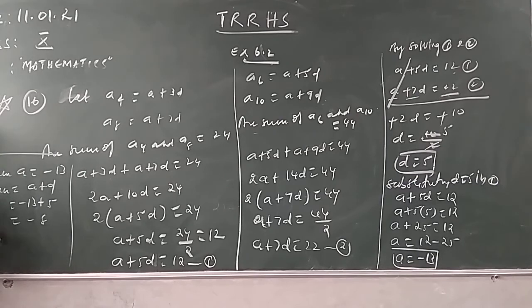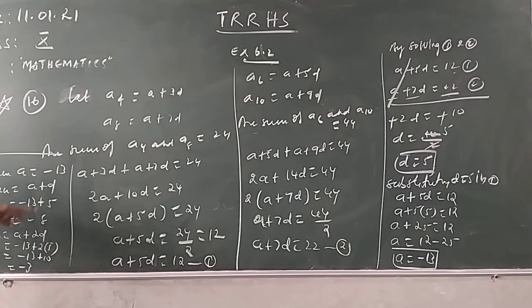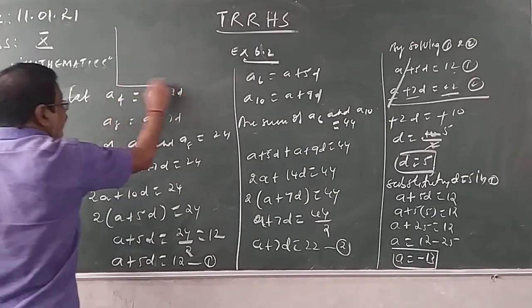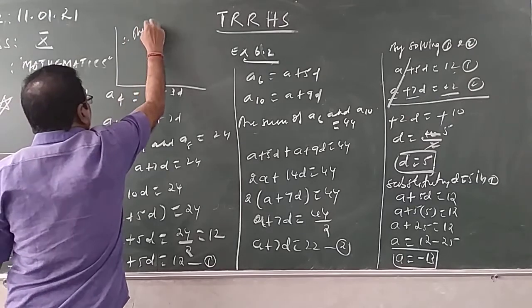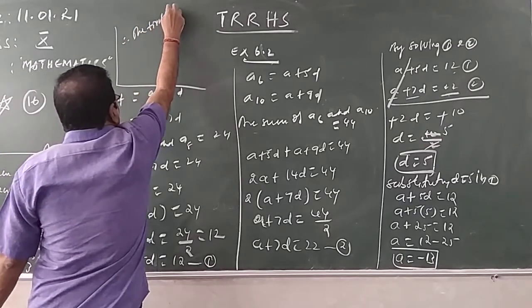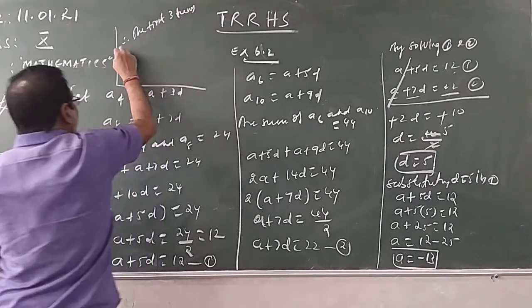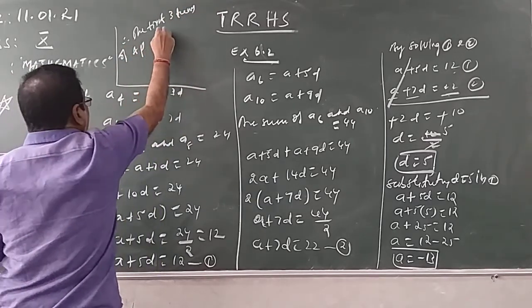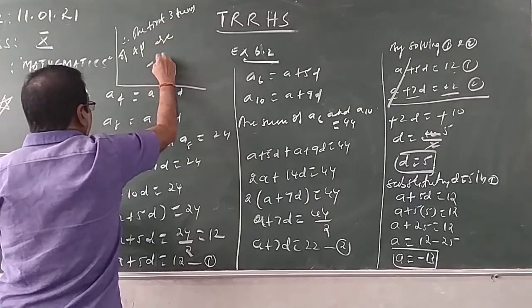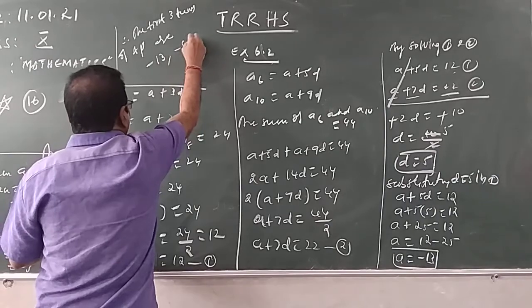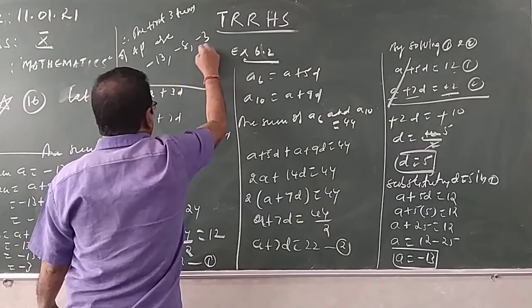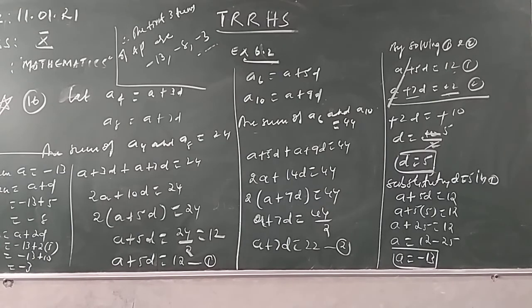The third term is a plus 2d, minus 13 plus 10, which is minus 3. Therefore, the first three terms of the AP are minus 13, minus 8, minus 3, and so on. This is the problem, children.